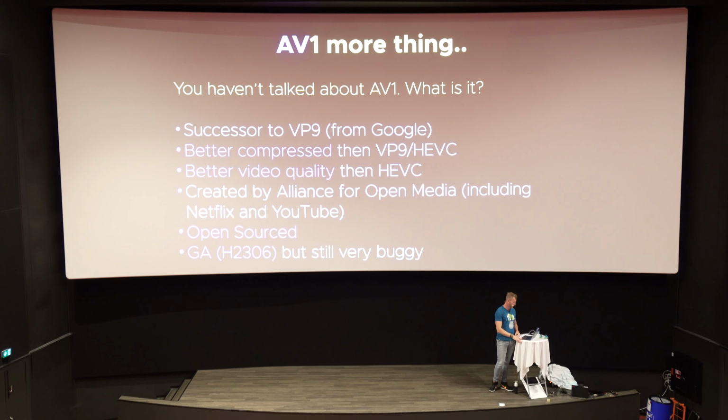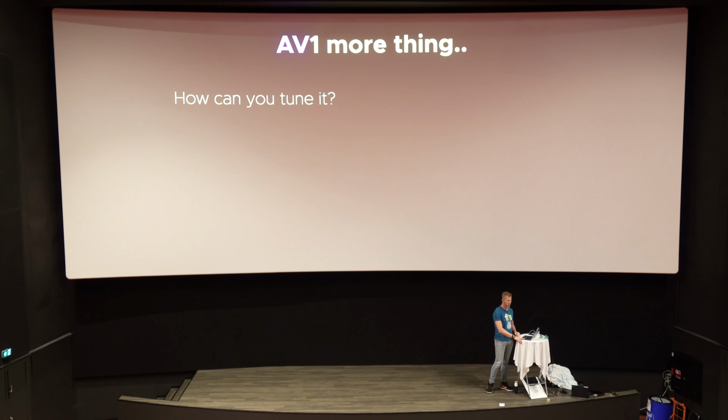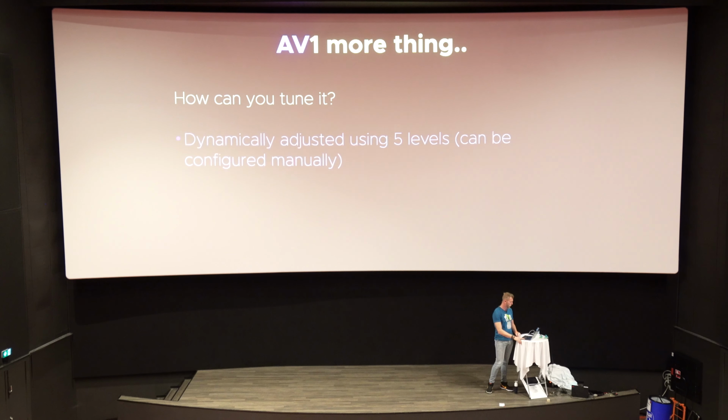It's open source and GA in 2306, but very buggy. So you could use it, but it's a thing. So how can you tune it? And that's basically the answer to your question.